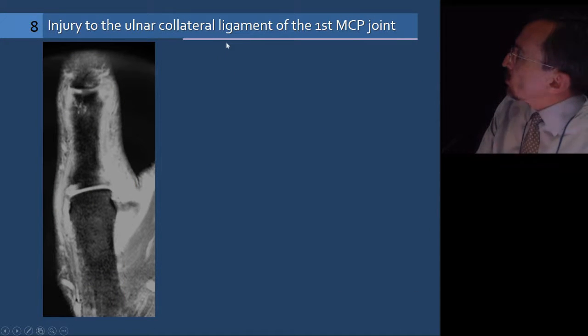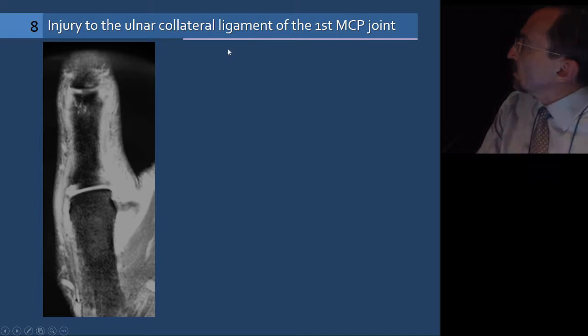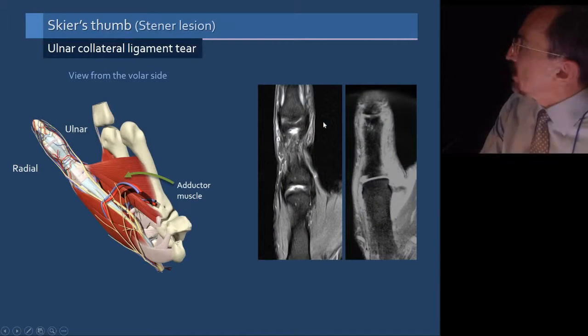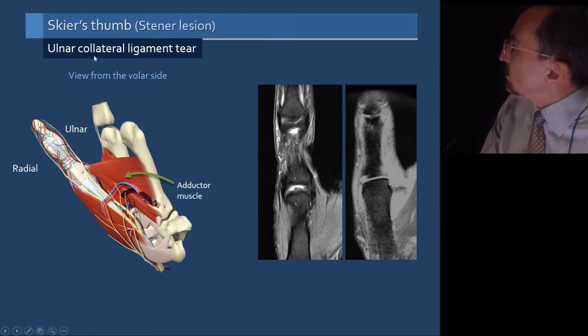One of the most characteristic injuries to the fingers, as you know, is the ulnar collateral ligament of the first MCP joint, which is also known as Stener's lesion or skier's thumb. There is this ulnar collateral ligament tear, and as you know, what happens here is the interposition of the adductor muscle aponeurosis at the ulnar side underneath the torn ulnar collateral ligament.